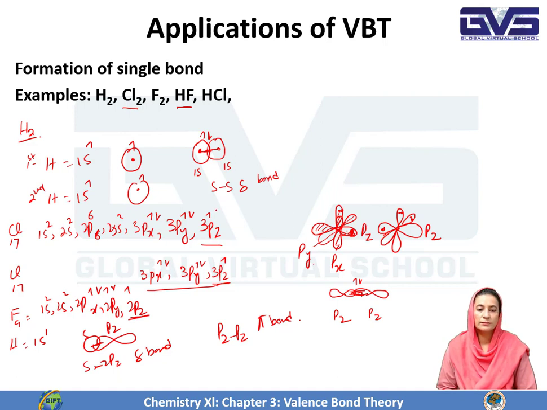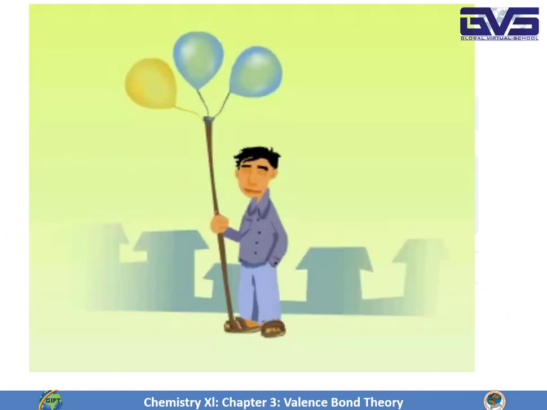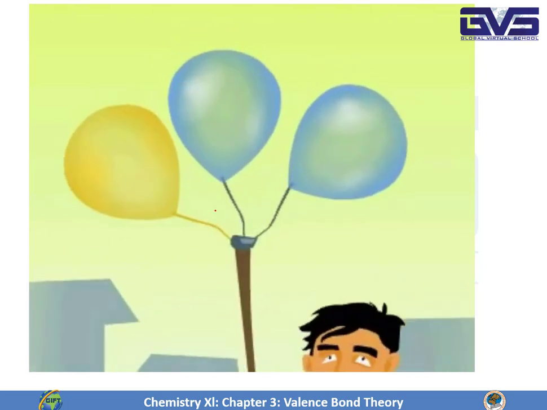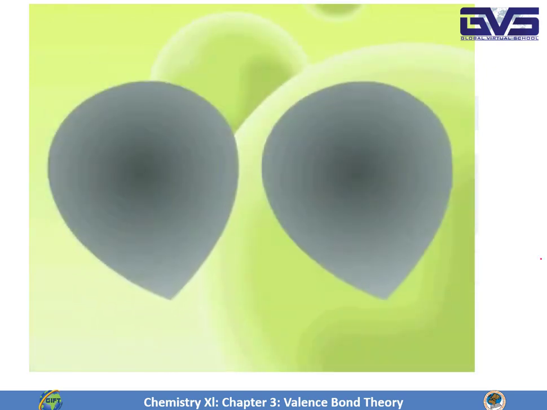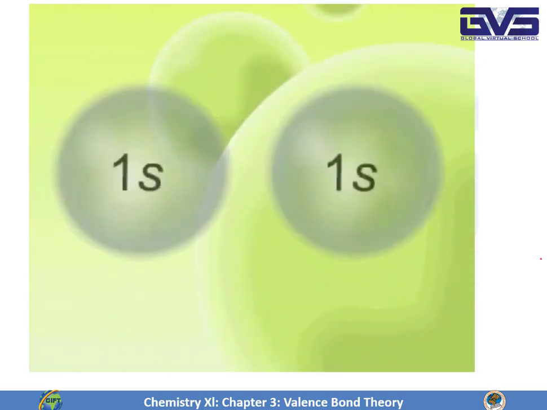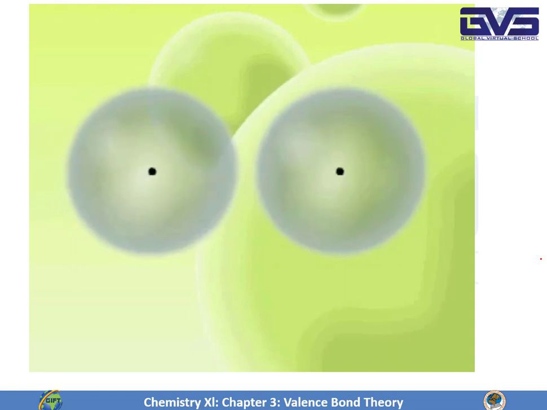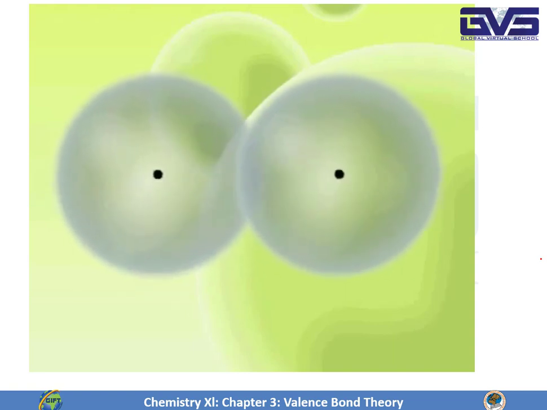The simplest molecule we can discuss in terms of valence bond theory is the hydrogen molecule, H2. This molecule is formed by two hydrogen atoms sharing their 1s1 electrons. When the atoms approach each other, their 1s atomic orbitals overlap.